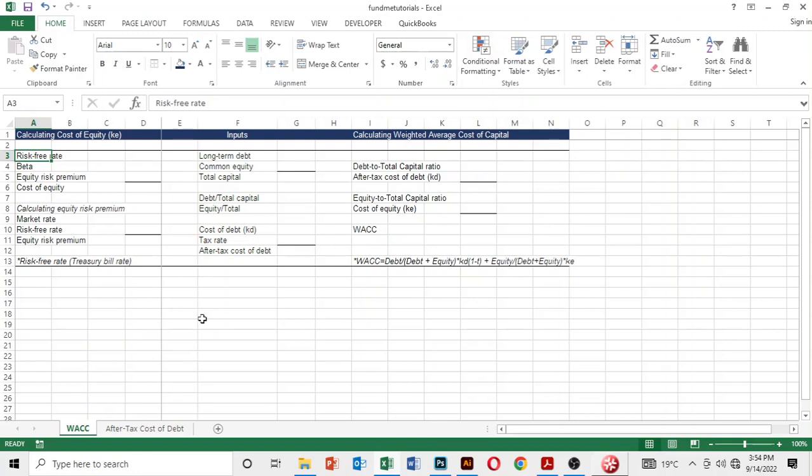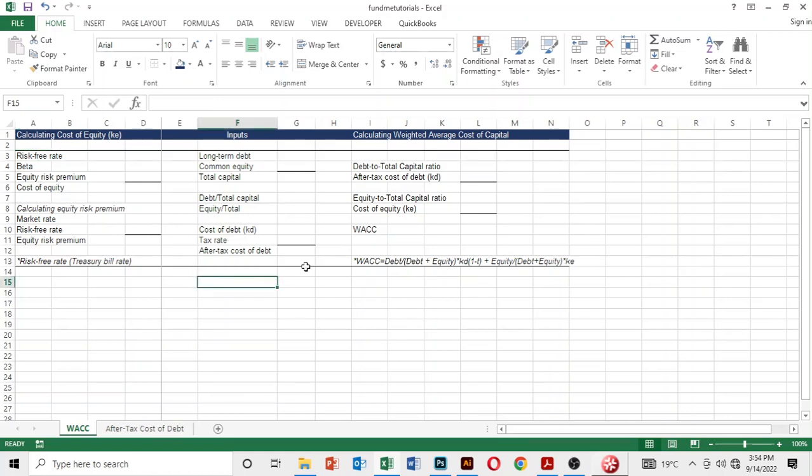But from the perspective of the investor, they don't call it cost of equity per se, they call it the required or expected rate of return. So cost of equity is denoted by the symbol KE, whereas the cost of debt is denoted by KD.